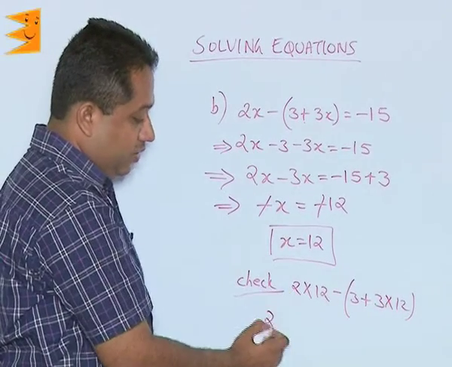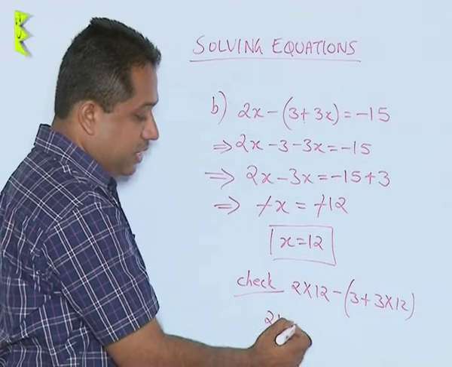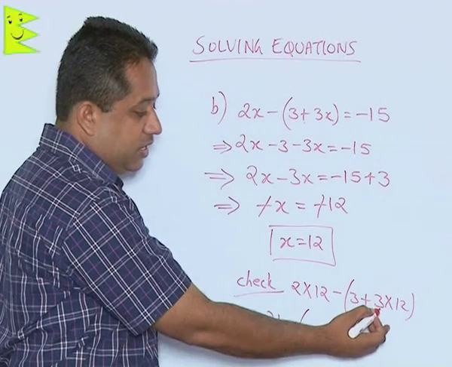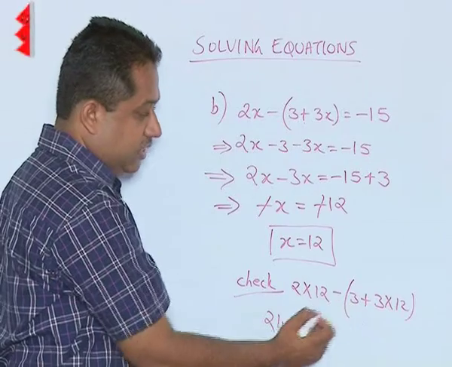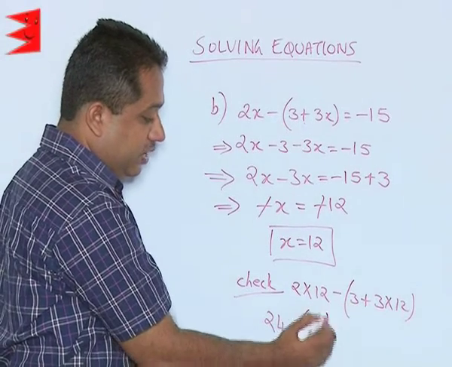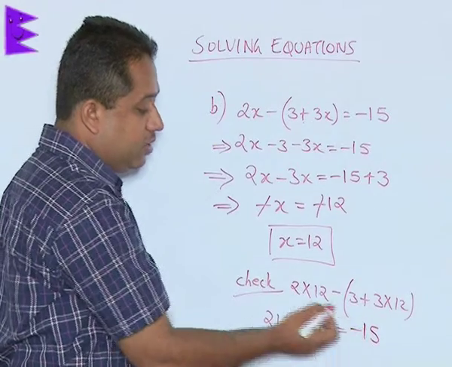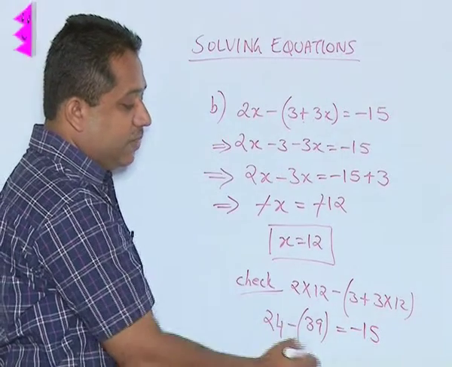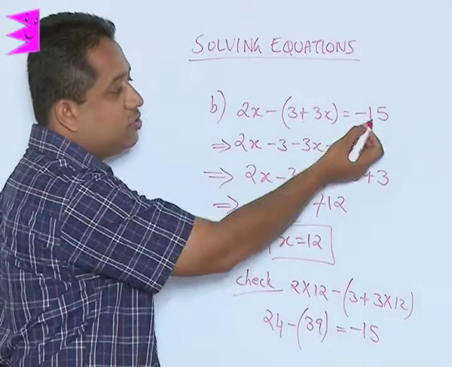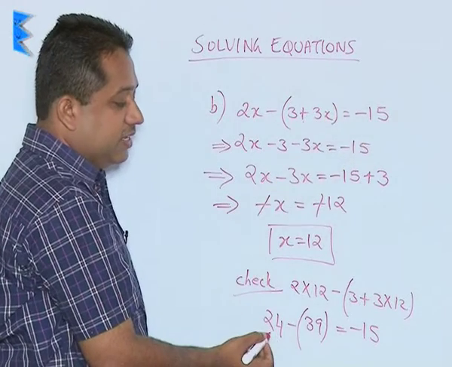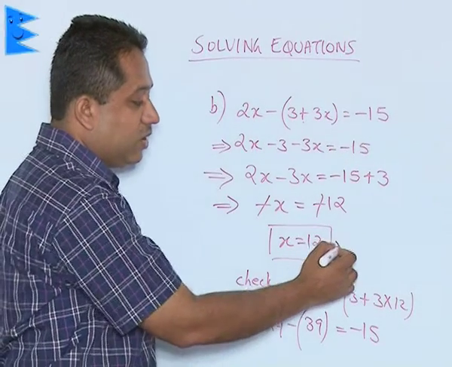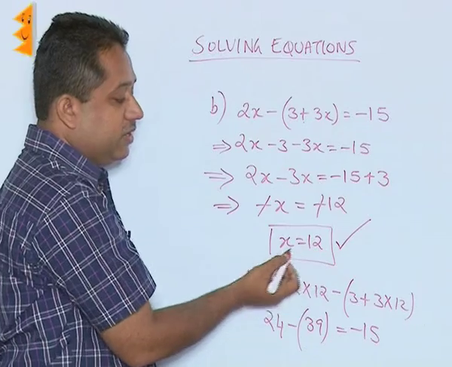So, 12 into 2 gives me 24 minus 12 into 3 is 36. 36 plus 3 is 39. So, we get 24 minus 39, which is equal to minus 15. So, we have solved the LHS, we got minus 15, and RHS is also given as minus 15. So, we can say LHS equals RHS. Therefore, our solution x is 12 is correct.